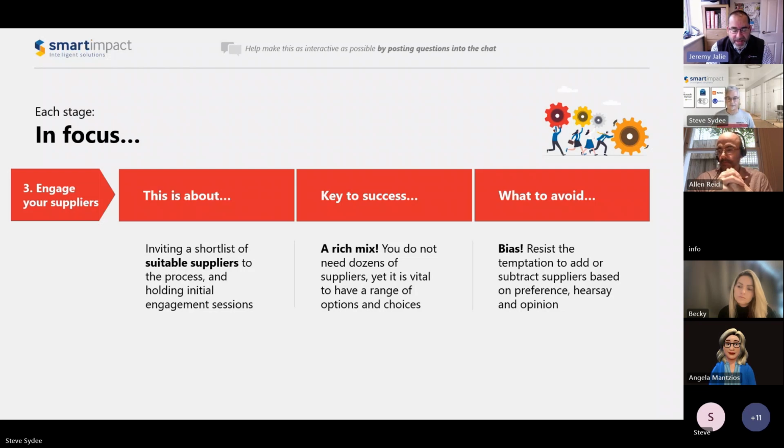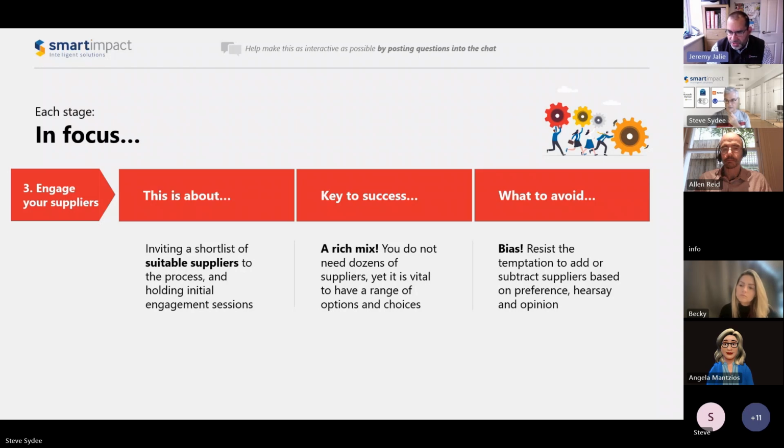You can engage with suppliers at industry events. You can attend webinars. You can have a look at things like supplier directories. You can do some Googling. You can undertake some light touch market discovery by having conversations with organizations without too much involvement. And of course, talk to peers, as you suggested, Steve.